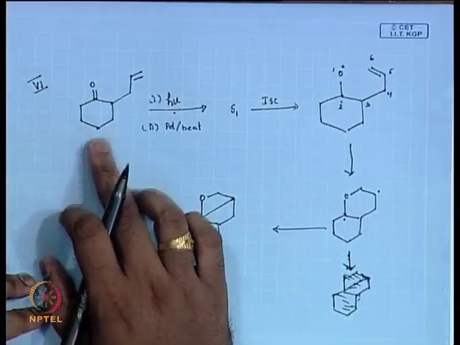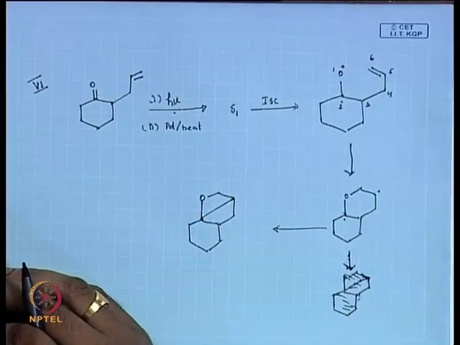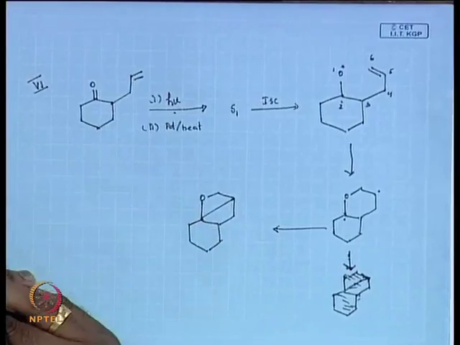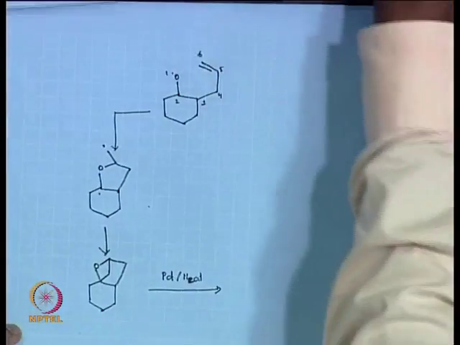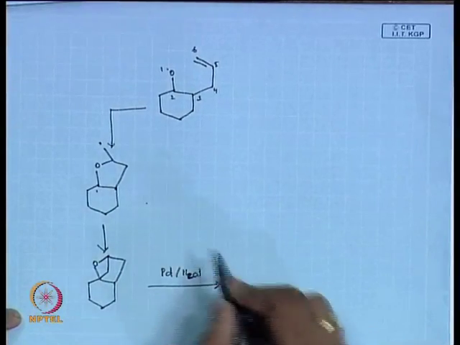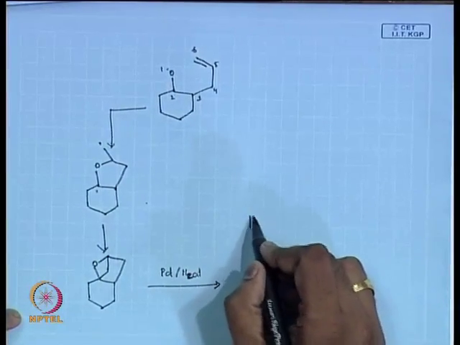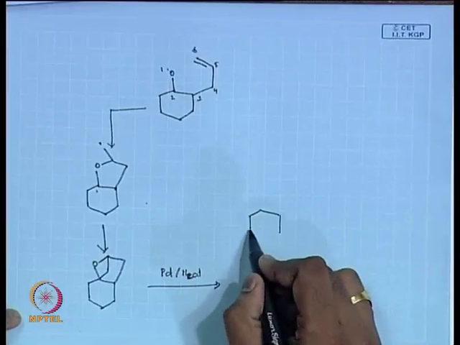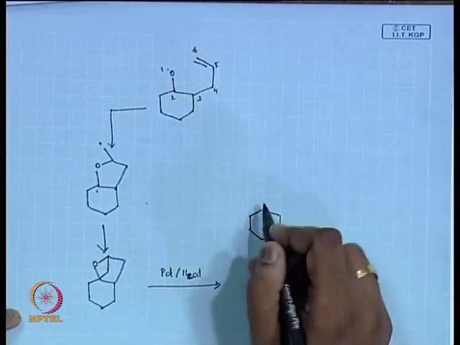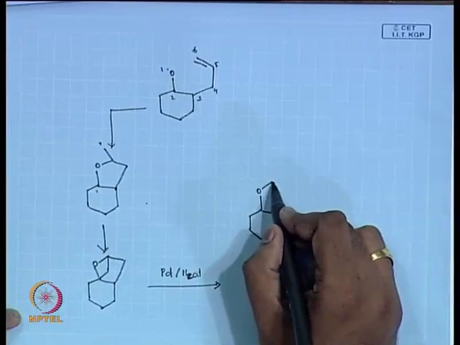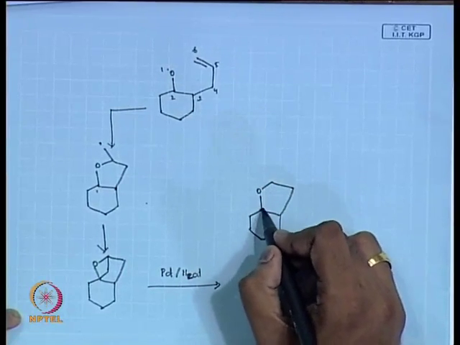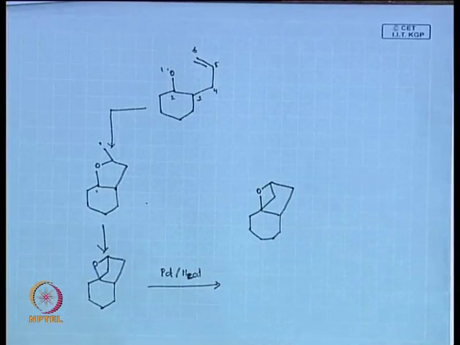If I do it with 7-member, just think of 7-member instead of 6-member. So, if it is 7-member, what do you think? I will just give a clue: if I am doing the same reaction in 7-member, I get this type of product.